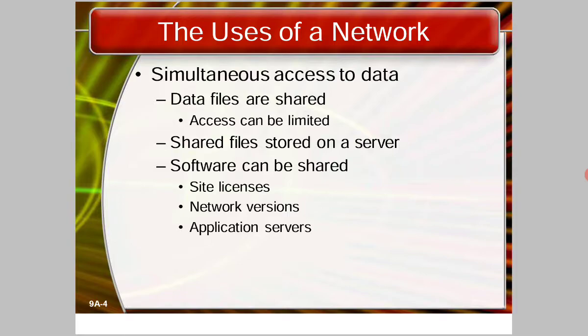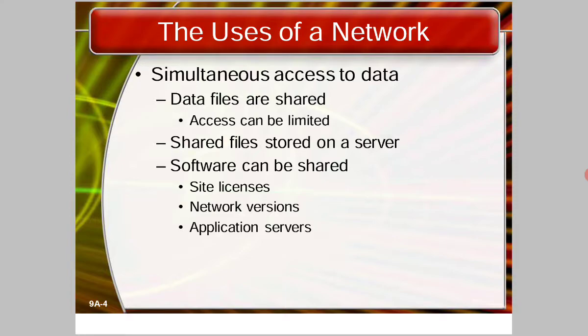The main application of a network is to access data by a number of users at a time. Simultaneously, a number of users can get the same data from various locations, by various places, or by various computers or nodes in a network.